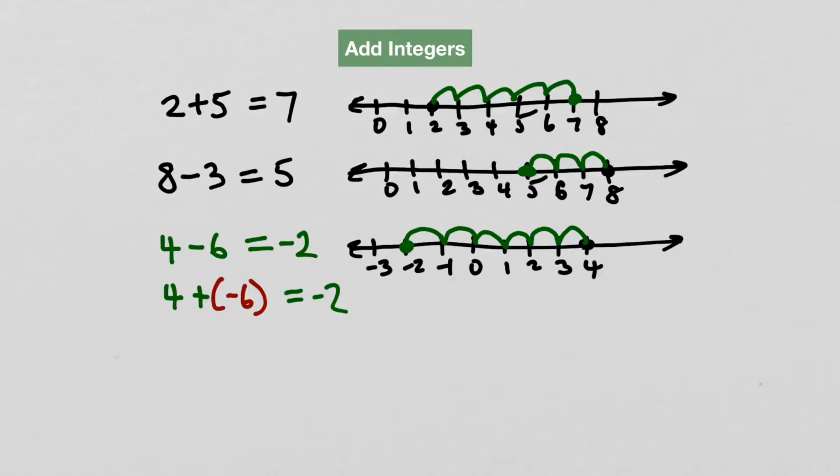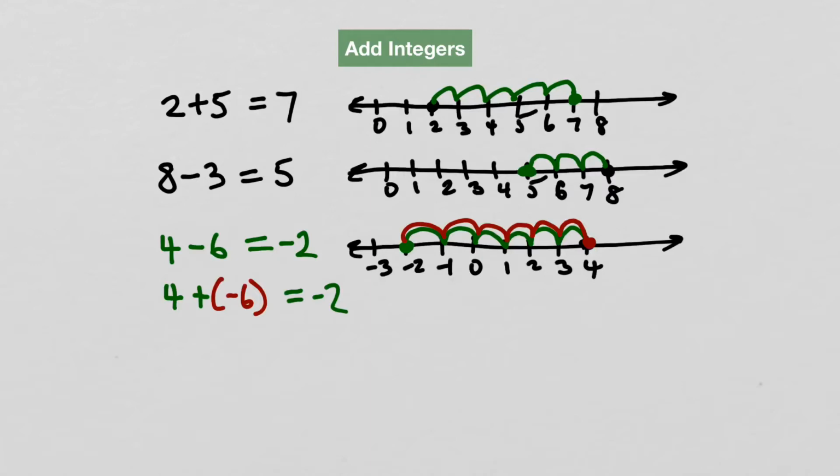So, in other words, on this number line, we start at 4. When you add a negative number and you see the negative number, it tells you to go to the left. So you're going to go to the left 6 spaces. 1, 2, 3, 4, 5, 6. So that answer is still negative 2.